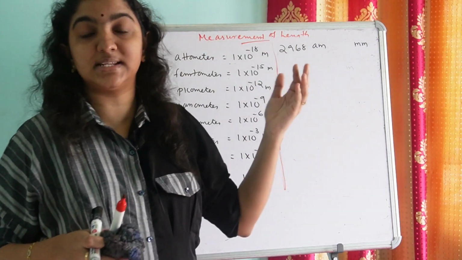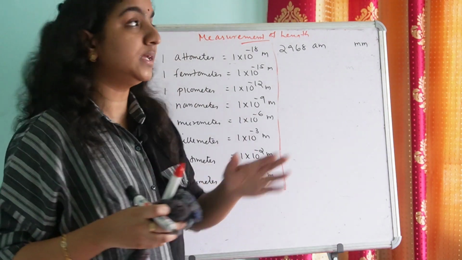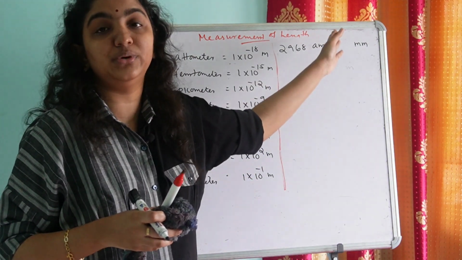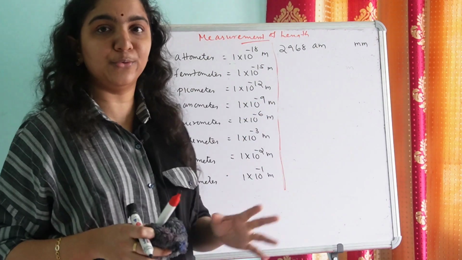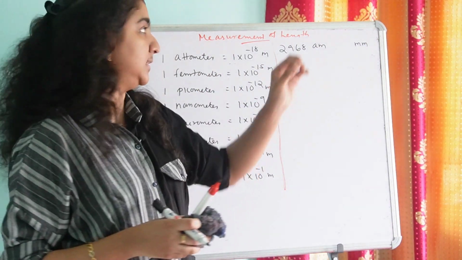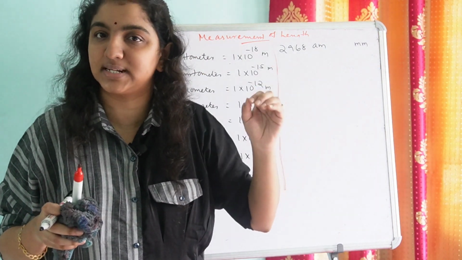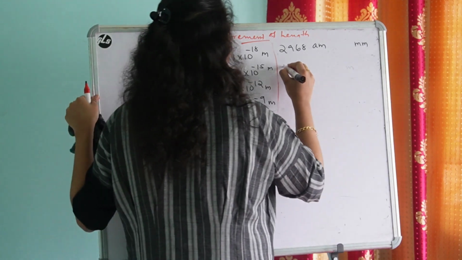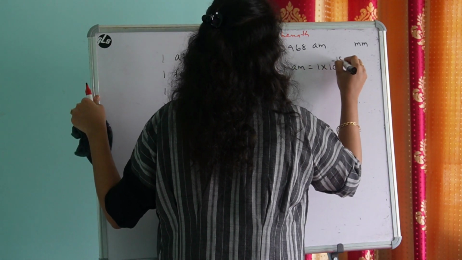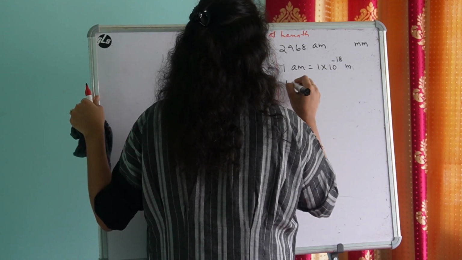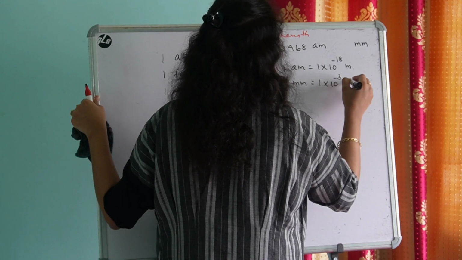In the previous two cases, we knew the relationships connecting those units and meter. But here we don't. But we know the relationship connecting these two units and a common unit, meter. So 1 attometer is equal to 1 into 10 power minus 18 meter. Again 1 millimeter is equal to 1 into 10 power minus 3 meter.